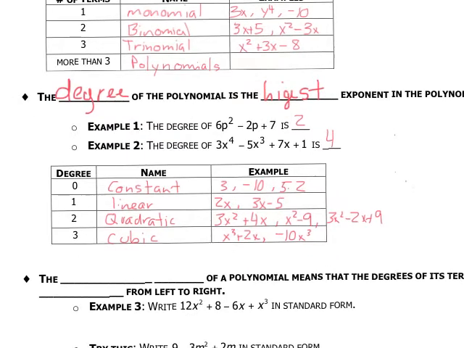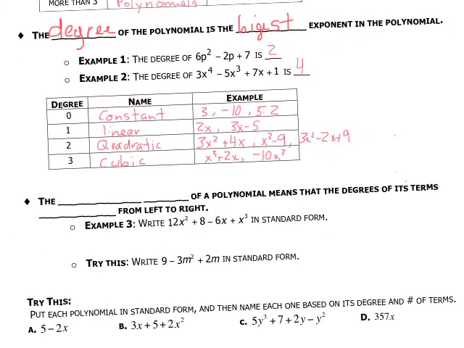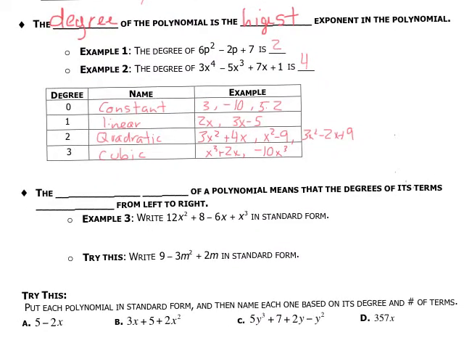One more thing that we need to know before we start adding and subtracting is standard form. This is not standard form like when we looked at graphing linear equations, ax plus by equals c. This would be standard form of a polynomial, which means the degrees of its terms descend from left to right, which means they start high and go down gradually.